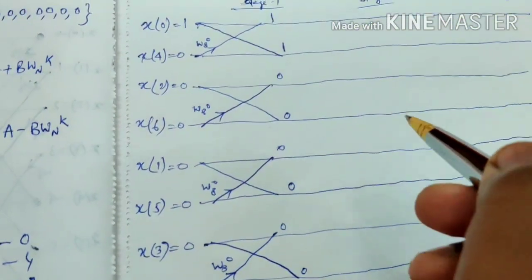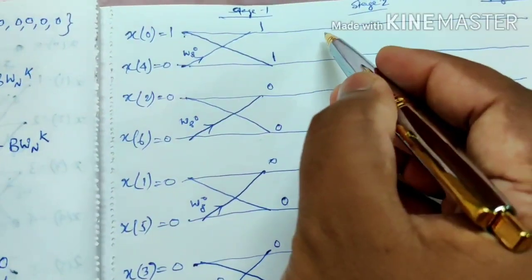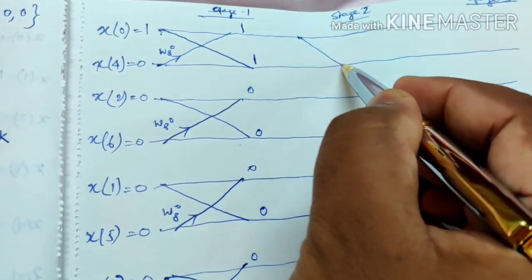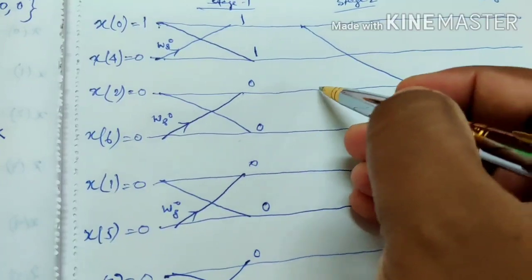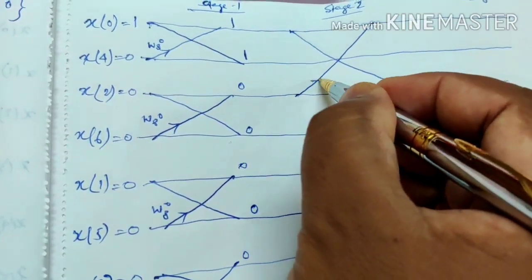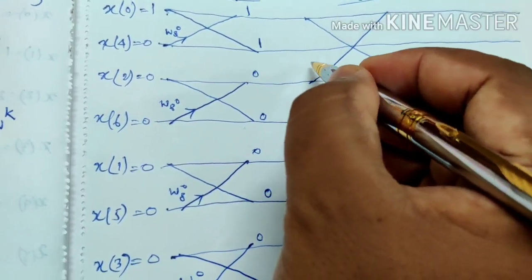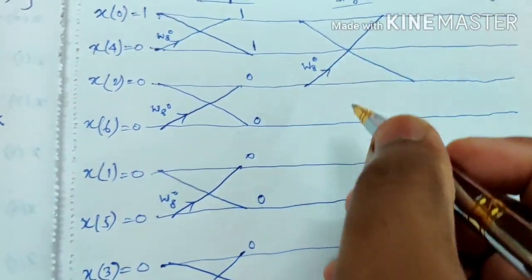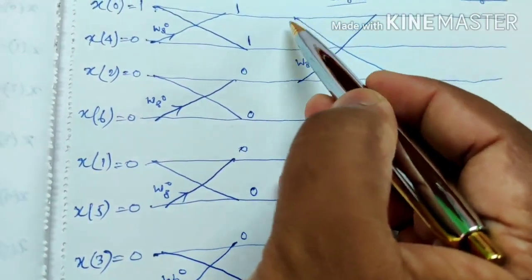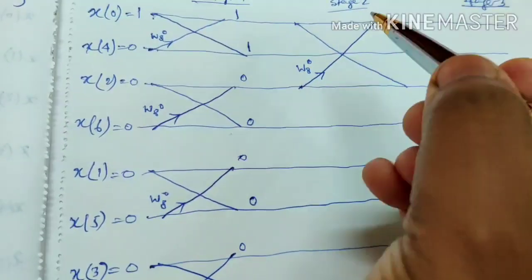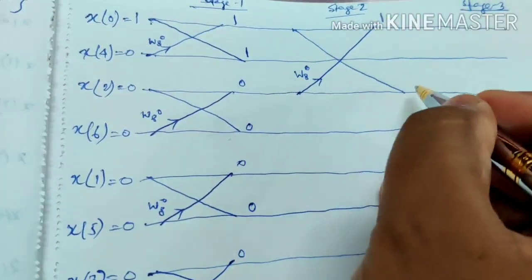And for stage 2, it will be just like A and B. This will be omega 8 0. So the value of A is 1, the value of B is 0, so the outputs will be 1 and 1.